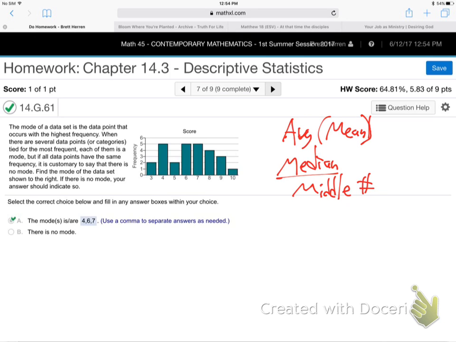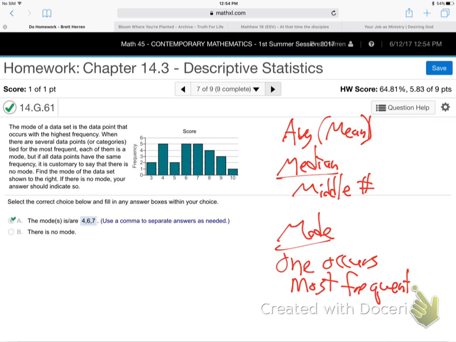So we have a third kind of average called mode. That means the one that occurs the most frequently. If I said, what's the average shoe size for men? I don't know, it's 9, 8, 10, whatever. How do they figure that out?